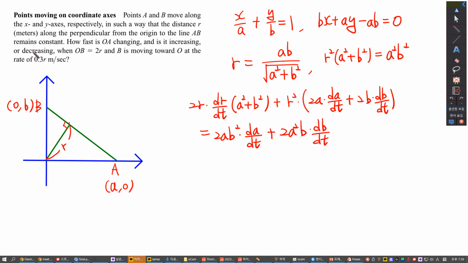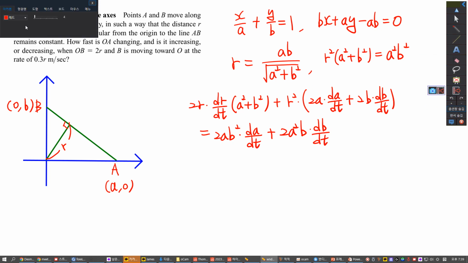And fortunately, because the distance r doesn't change, dr over dt is 0. So we can cancel. We can say this term just doesn't exist because dr over dt is 0.